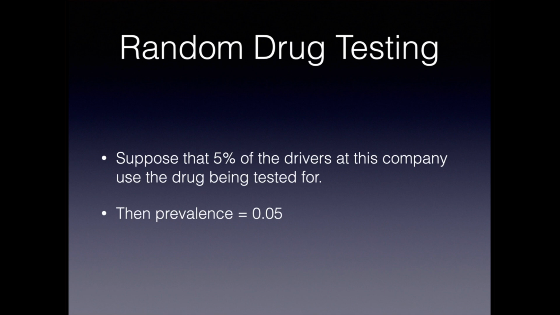Now, let's suppose, for the sake of the example here, that a relatively small proportion of the drivers at this particular company are using the drug being tested for. In particular, let's suppose that only 5% of the drivers at the company use the drug.